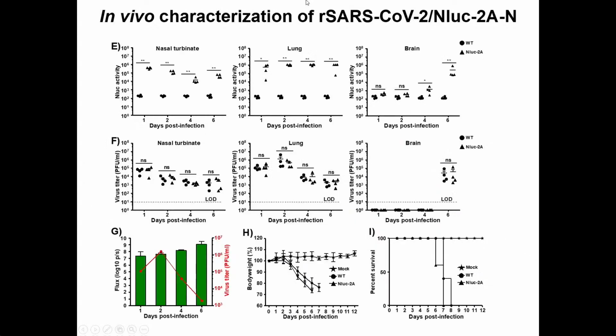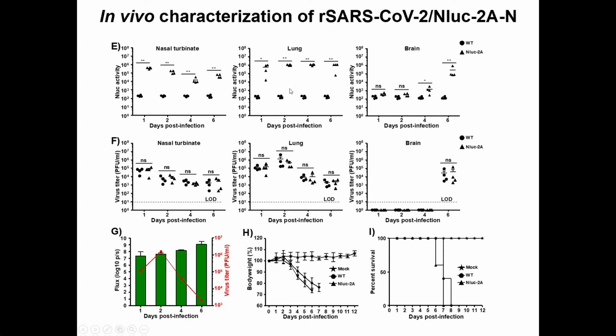What was important, similar to what happened with the Venus virus, is that expression of nanoluciferase did not affect the pathogenicity of the recombinant virus. As you can see here, all the mice infected with the recombinant virus expressing nanoluciferase rapidly lost weight, similar to mice infected with the wild-type virus, and all of them succumbed to viral infection between day 6 and 8. Replication in the lungs, nasal turbinate, and brains was also very similar to the wild-type virus.